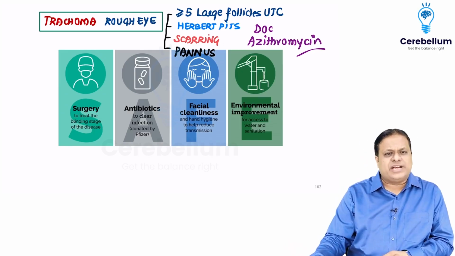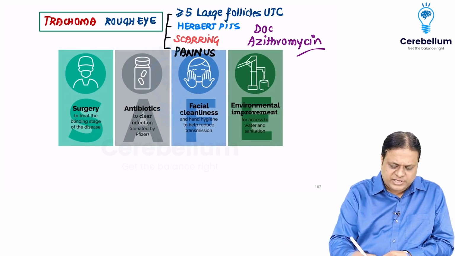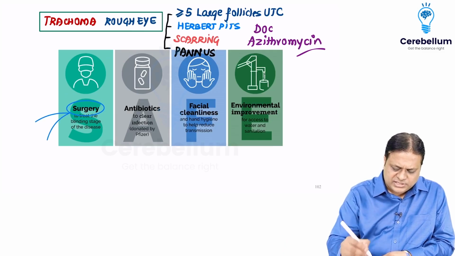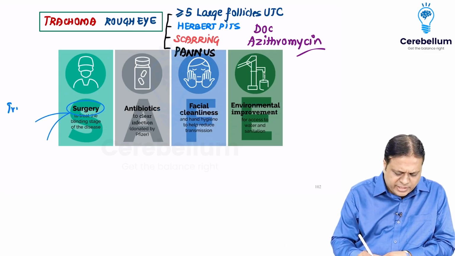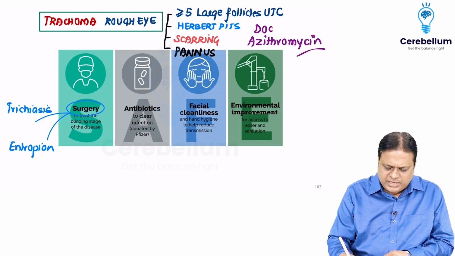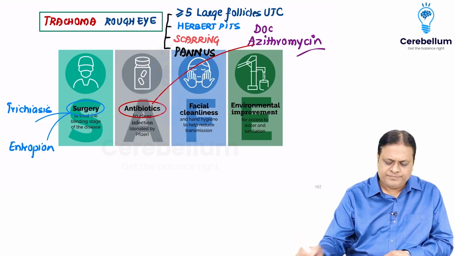Prevention and control strategy, the SAFE strategy, which is shown in the image. S is surgery. This surgery is allowed for 2 conditions. These are trichiasis and entropion. Then antibiotics, that is azithromycin.